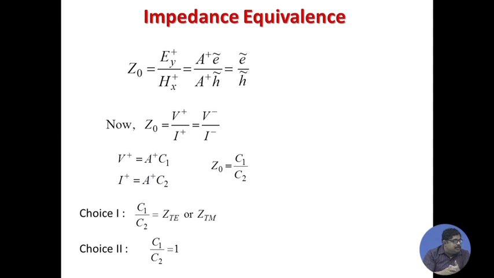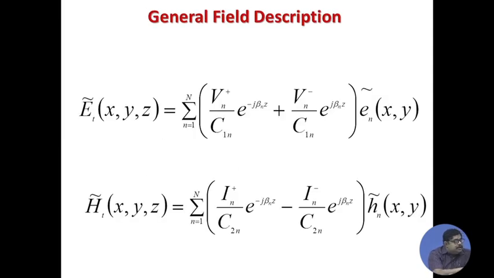Now, if we make that, again we said there are two choices, C1, C2, ZT, in this case it is ZT because we are talking of T10, or you can make C1 by C2 equal to 1. We will solve problems later in the tutorial, we will take the second choice and show you can also take the first choice.